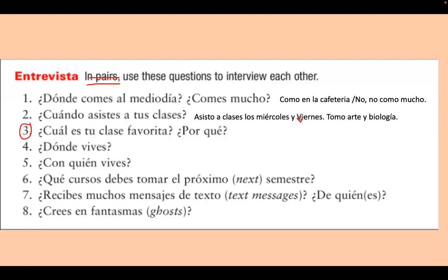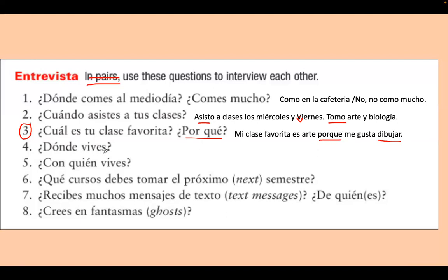Well, before here, look, I added tomo, so you can add some things just to talk more about what you want to say. ¿Cuál es tu clase favorita? ¿Por qué? Mi clase favorita es arte porque me gusta dibujar. Now, if you see por qué is why, but this is separated and it has an accent. And porque is because, it's not separated and it doesn't have an accent because this is because.